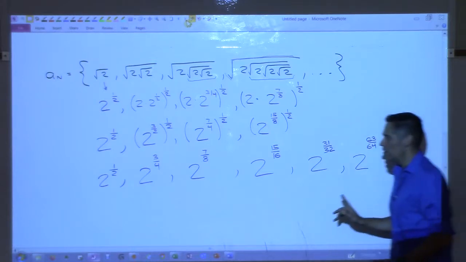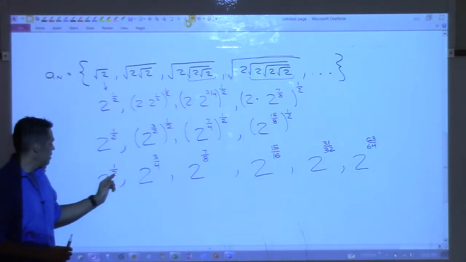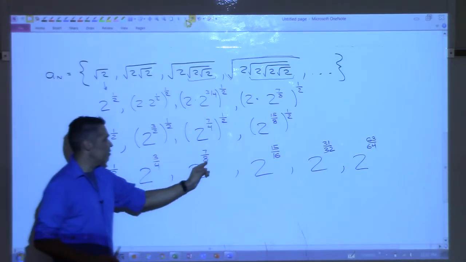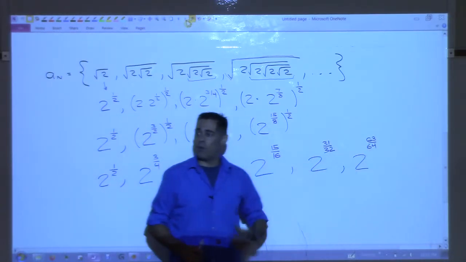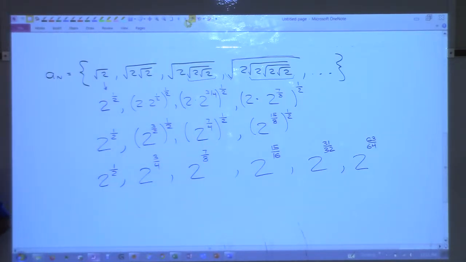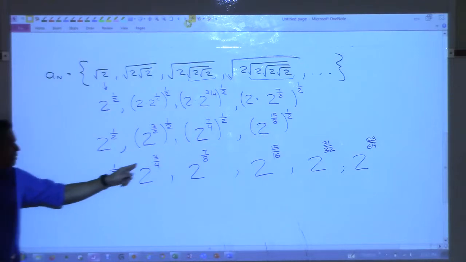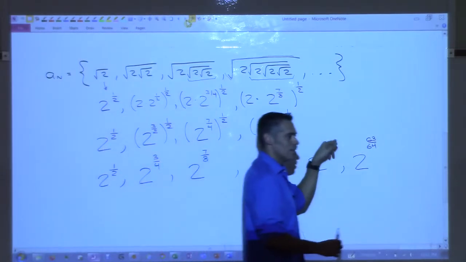So the pattern is that all the denominators are powers of 2, aren't they? 2 to the first, 2 squared, 2 cubed, 2 to the fourth, 2 to the fifth, 2 to the sixth. And what are the numerators? Just that minus 1. That minus 1. Right? 1, 3, 7, 15, 31, 63.